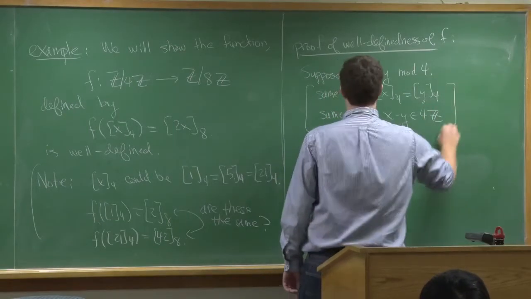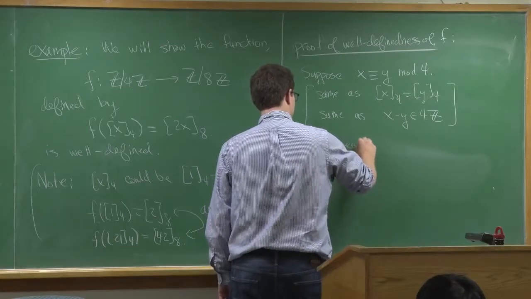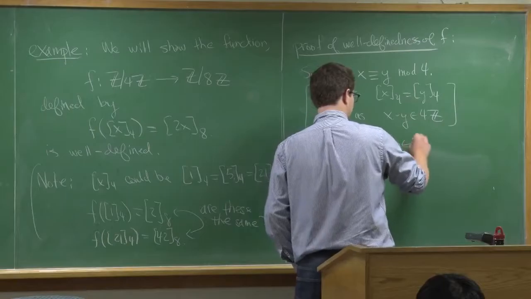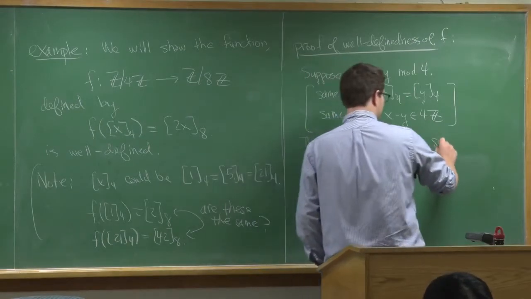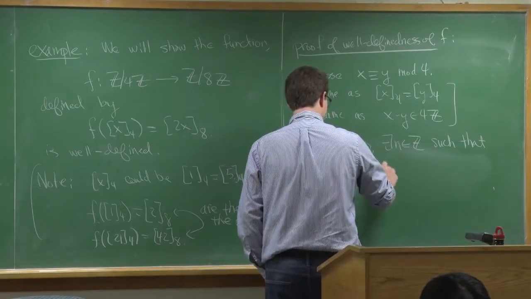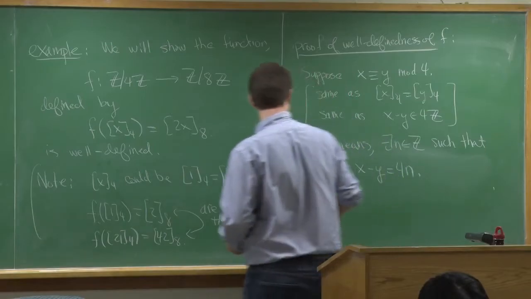So this means that there exists some n, an element of Z, such that x minus y is equal to 4n.